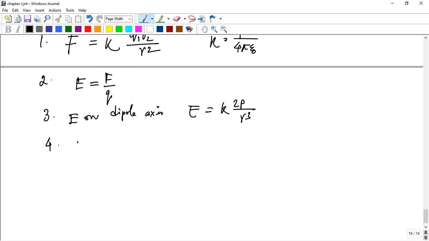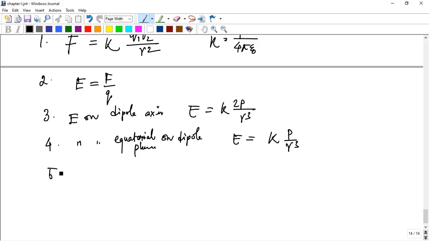Number 4, E on the dipole equatorial plane is E equal to K p by R cube. Number 5, dipole torque equals pE sin theta. Number 6, the potential energy is minus p dot E.